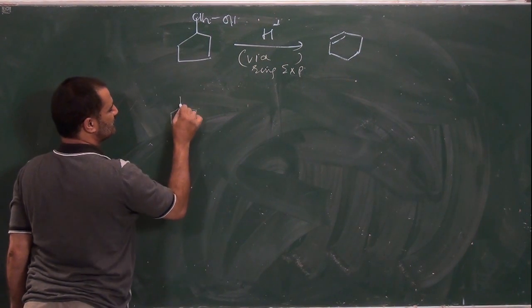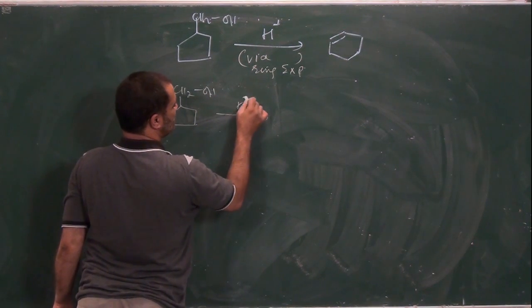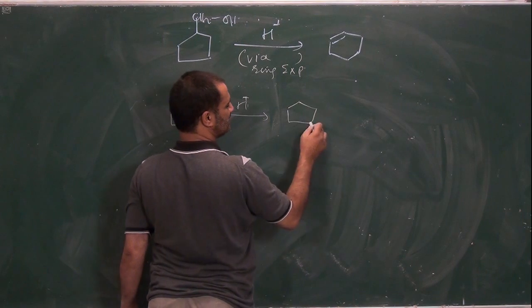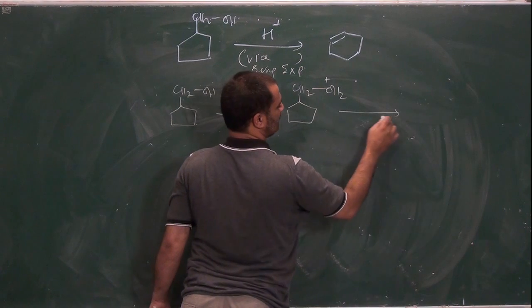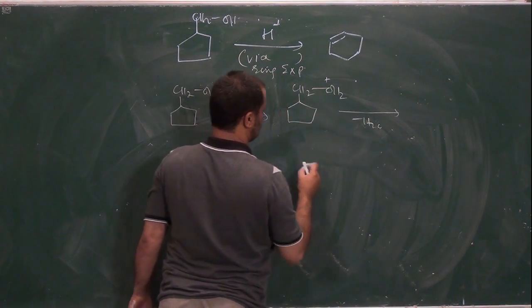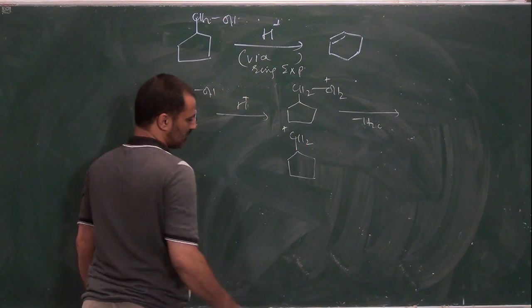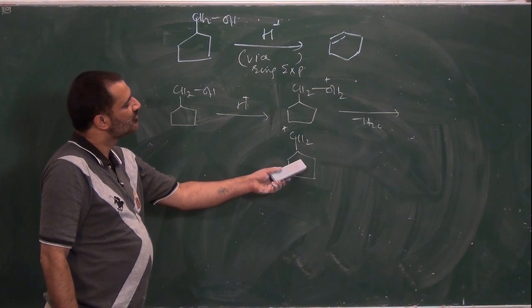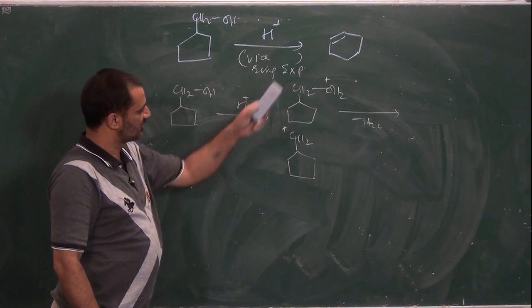Mechanism: CH2OH with H positive gives the protonated alcohol, and minus water it gets converted into CH2 positive. We have a 5-membered ring, which is under more strain than a 6-membered ring.